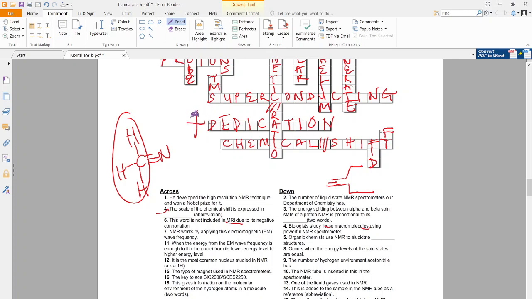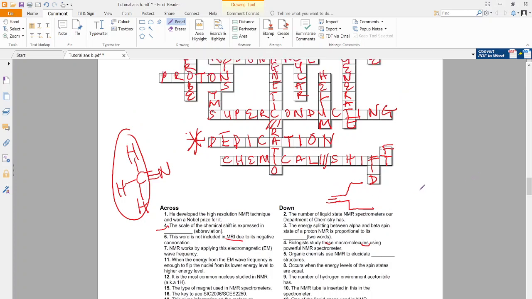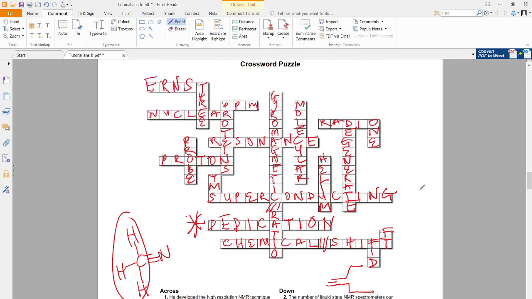This is indeed the key to ace not only this class, this course, but all the courses you're taking. So there you go. That's the solution to the tutorial. And on the screen now is the answer to the crossword puzzle.